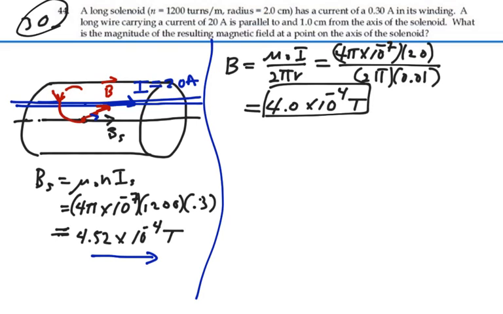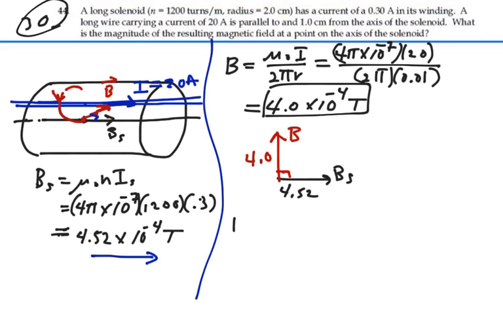Alright, so at the axis, we've got these two fields. We have the magnetic field of the solenoid, which is 4.52 times 10 to the minus 4. And then we have the magnetic field of the wire, which is perpendicular to that, and that is 4.0 times 10 to the minus 4.